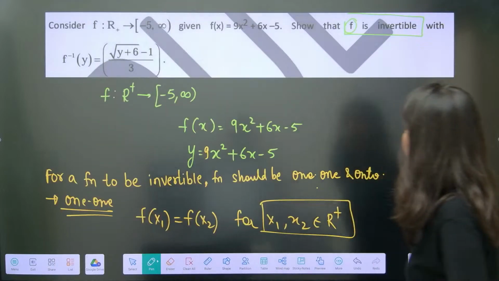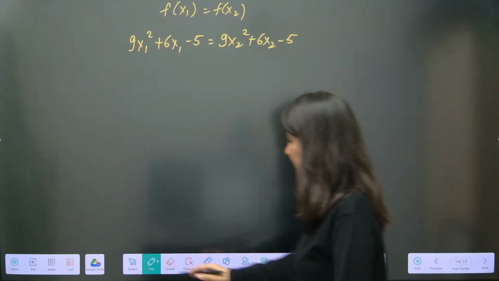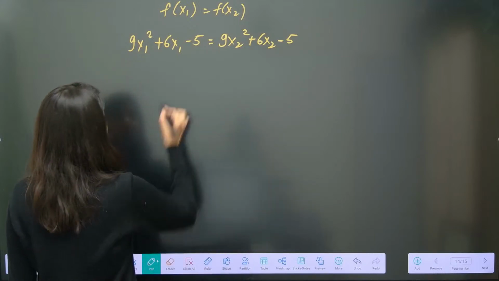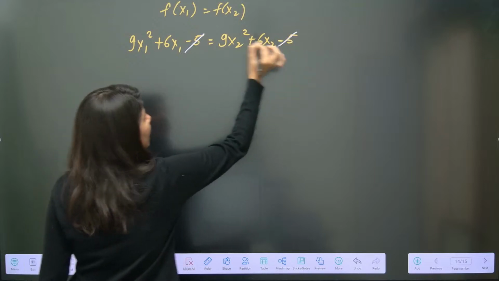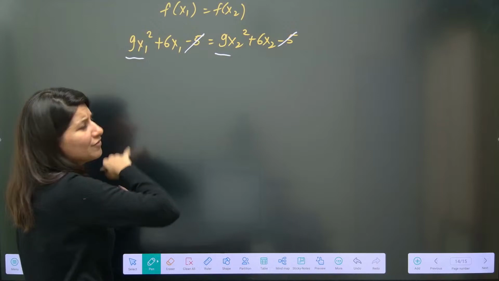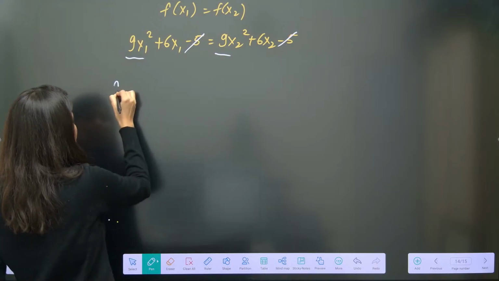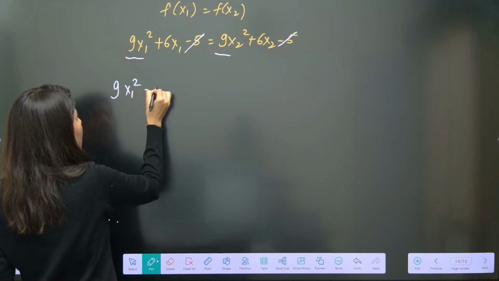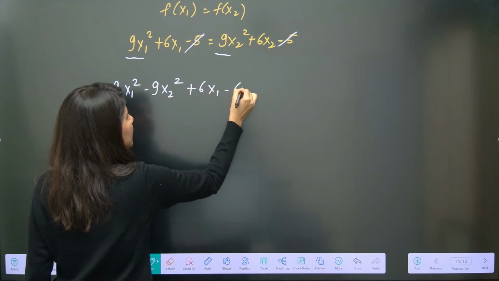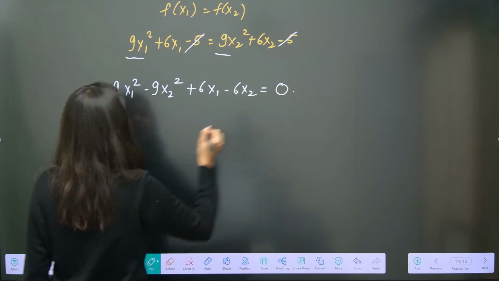Minus 5 cancels. I can shift everything towards the left hand side, right? So 9x1 square minus 9x2 square plus 6x1 minus 6x2 equals 0.